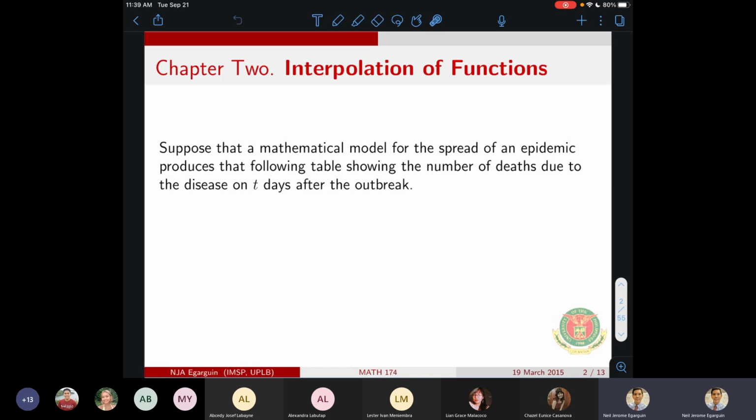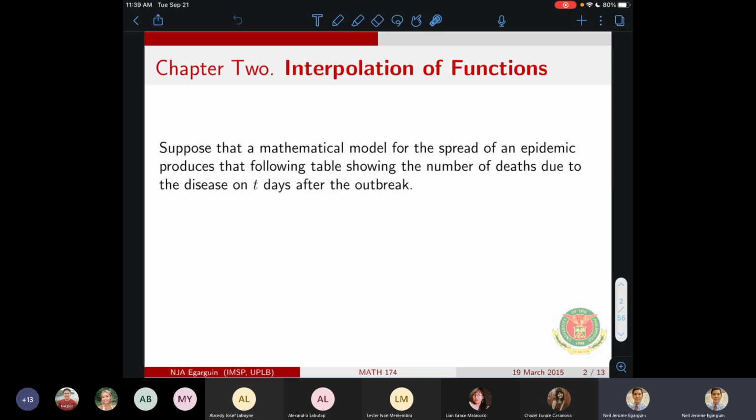But if you notice, these textbook applications require you to have a function, and usually these functions must be well behaved. But unfortunately, in the real world, we do not get a function right away. What we get probably would be a set of data points, a discrete set of data points.